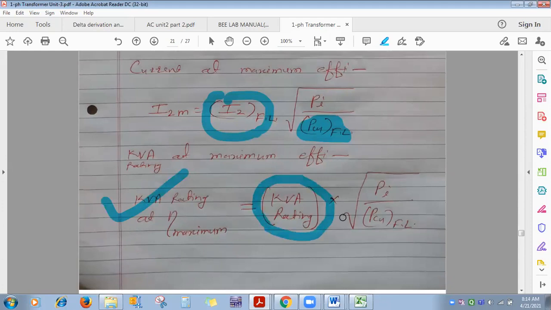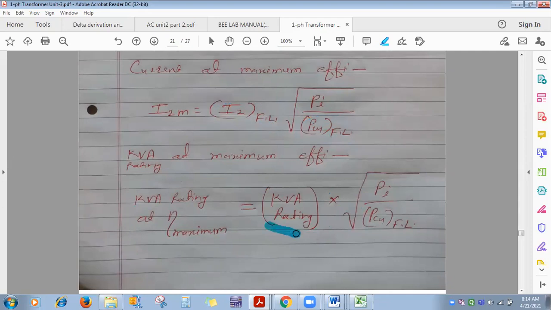Full load kVA rating into square root of iron loss upon full load copper loss. Here I have not used the suffix full load for kVA rating. By default, whatever is given in the specification is always the full load kVA rating, unless they mention otherwise. If they mention a single phase 50 Hertz transformer of 100 kVA rating, what does it mean?